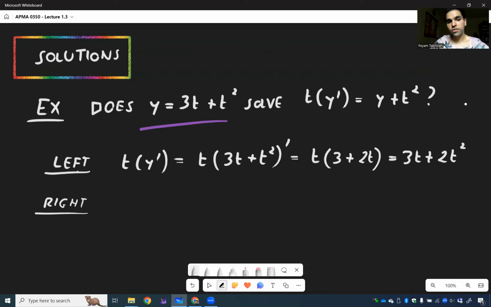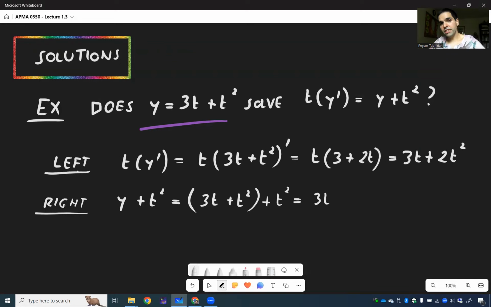On the right, if you do y plus t squared, well, that gives you 3t plus t squared. That's our y, plus t squared, and that's 3t plus 2t squared.